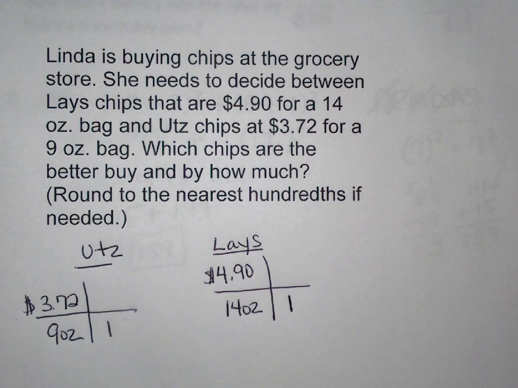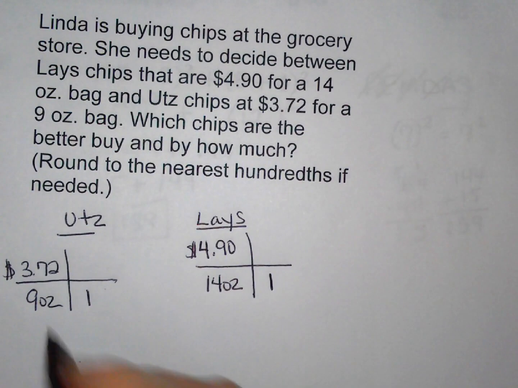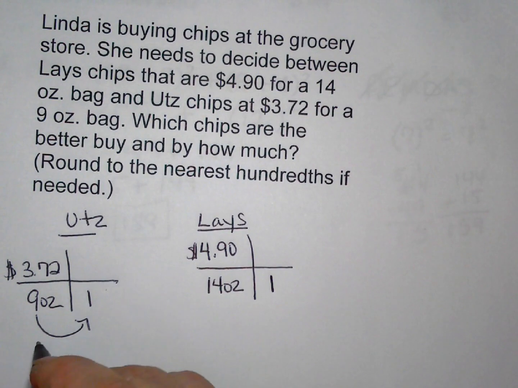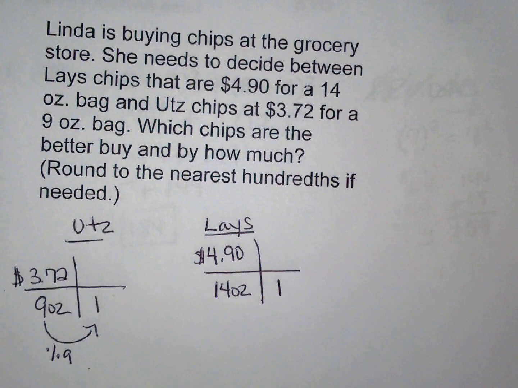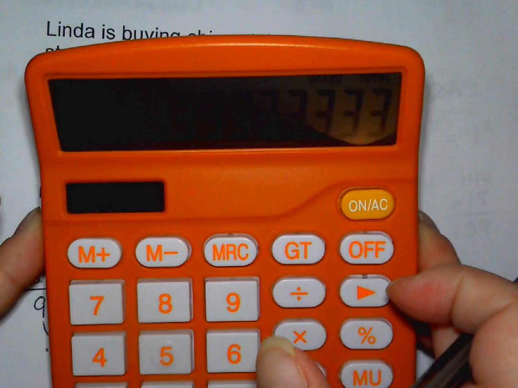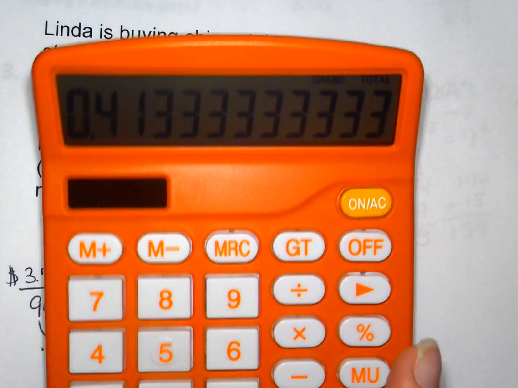So if I have 9 ounces of Utz, I need to get to 1. I divide 9 by 9. And I get 1. Then I divide 3.72 by 9. And if you do that, this is what your calculator is going to look like.